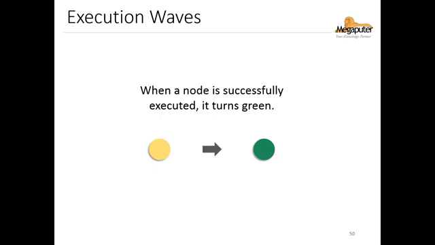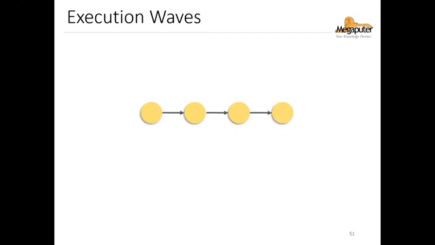in the PowerPoint. So let's pretend that each of these dots is a node, where yellow ones are unexecuted and green nodes are successfully executed nodes. Let's say we have a single branch of nodes with 4 nodes in our workflow.